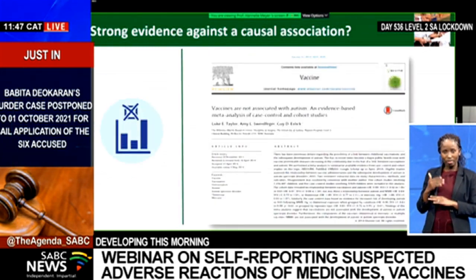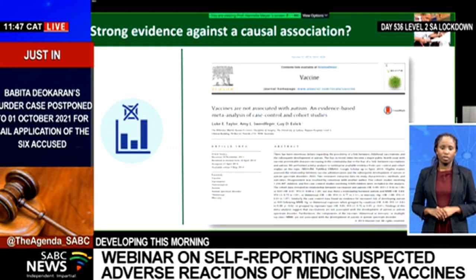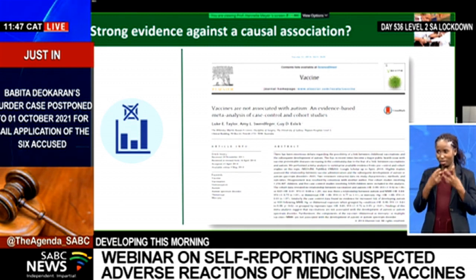Then the next one is to look at whether there is any strong evidence in the literature against a causal association. So, is there already literature showing that this vaccine does not cause this particular event?